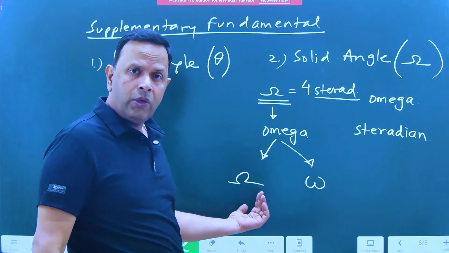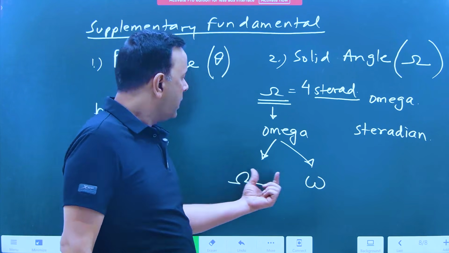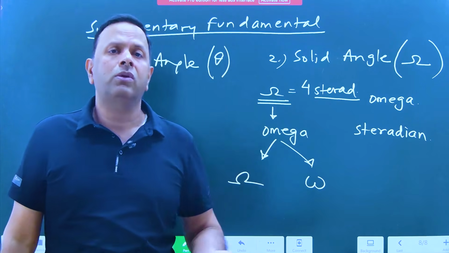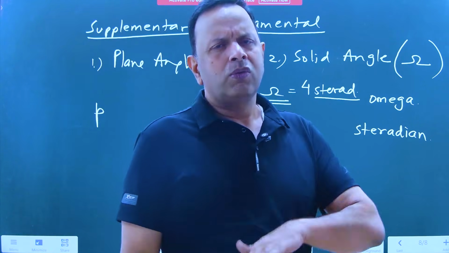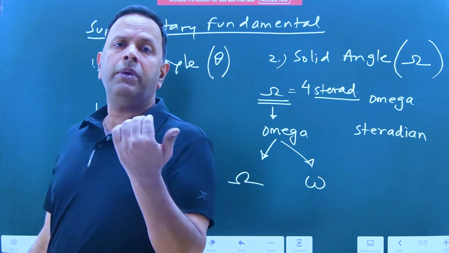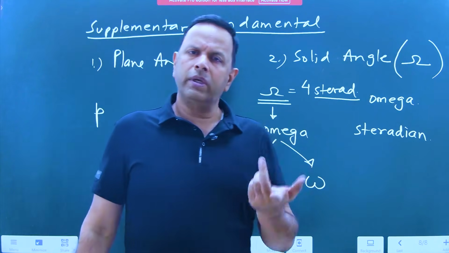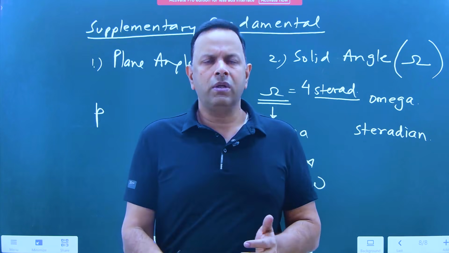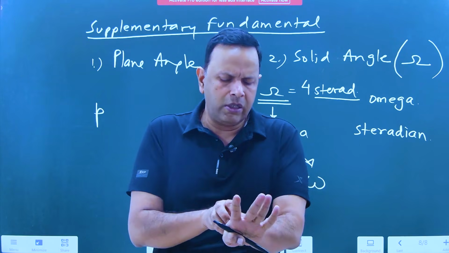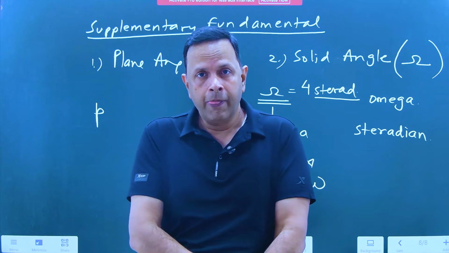This omega we are using for the solid angle and this omega we will be using later on for the angular velocity, right? So different symbols will be coming and sometimes they will be common. On few occasions you may go through this confusion, but that would be a confusion in the beginning only. Very soon you will get adjusted to it. That won't be the major problem.